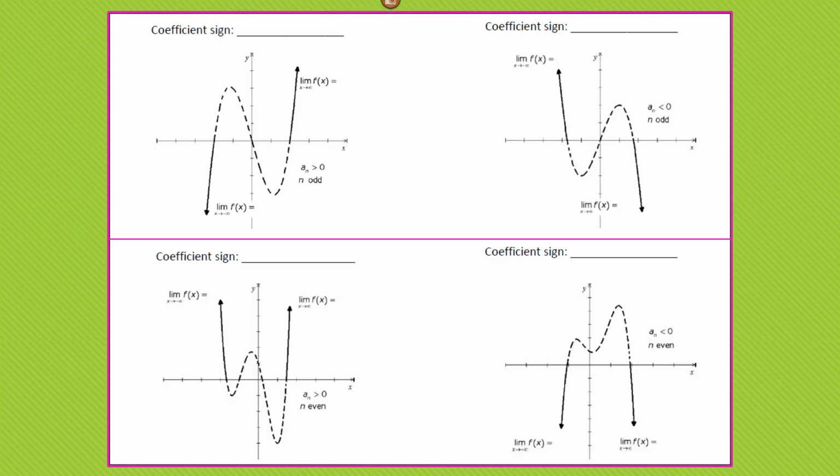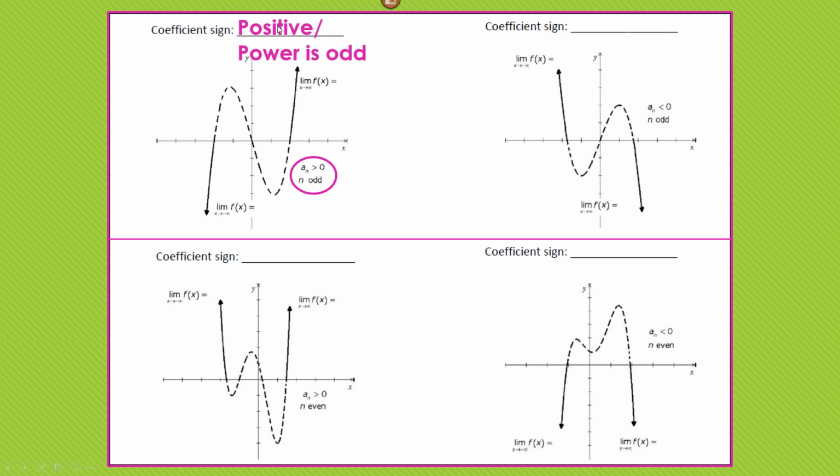All right, so let's take a look at a summary. In the first picture here, notice that we're talking about a situation where the leading coefficient is positive and n, which is the degree of the polynomial, is odd.